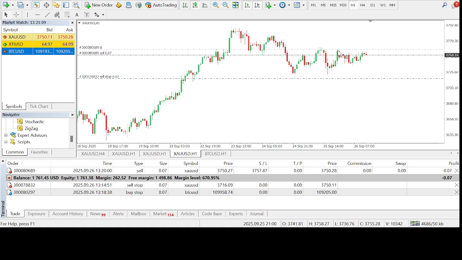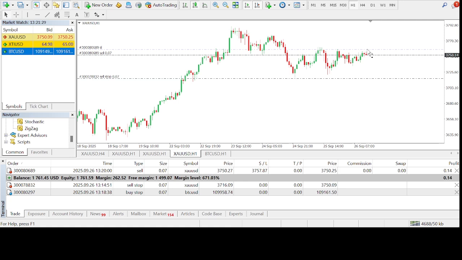It also rejected this area here. It's almost heading to this area. In case it changes its mind and gold goes up, I'll lose around 53 USD. That's 76 pips.